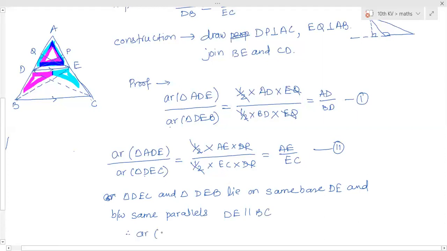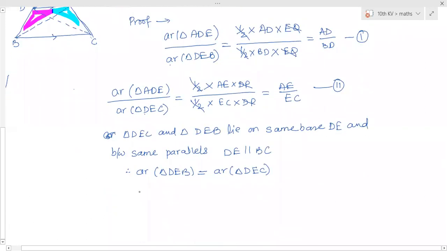Therefore area of triangle DEB is equal to area of triangle DEC, by the area of parallelogram theorem.